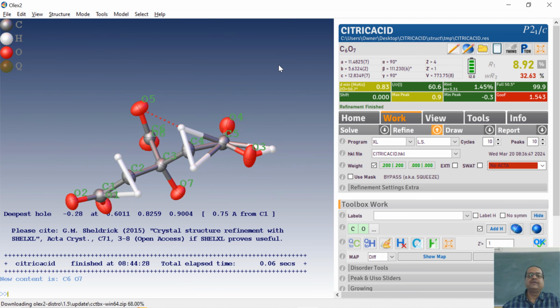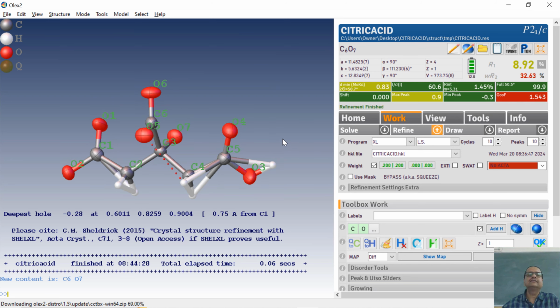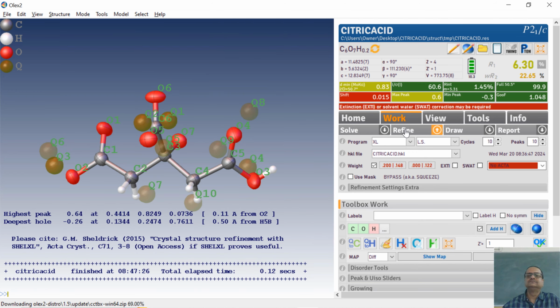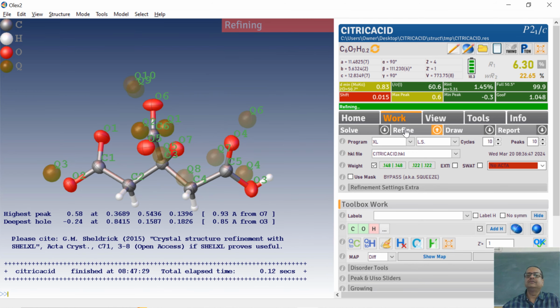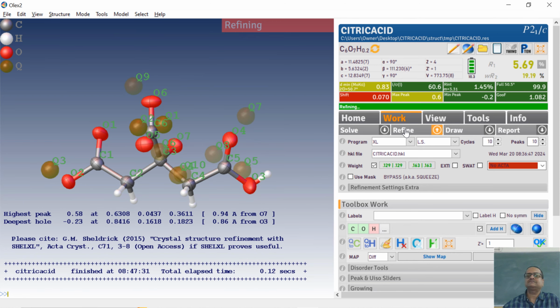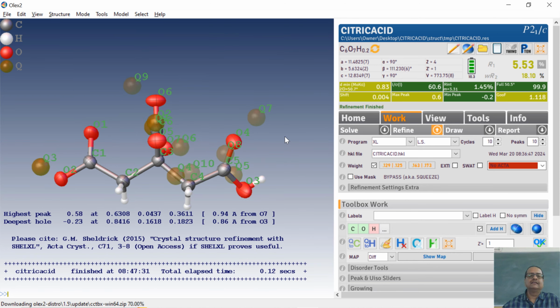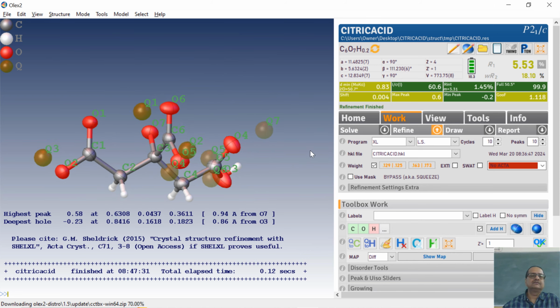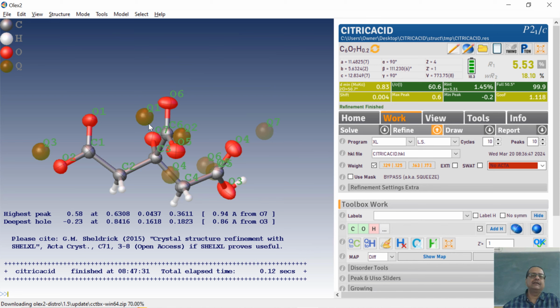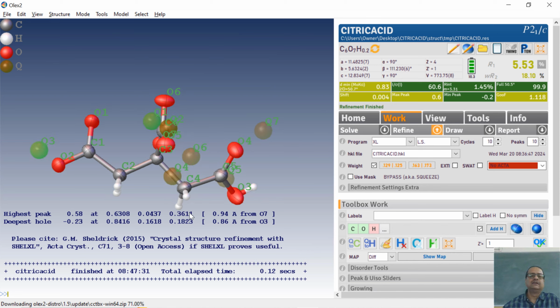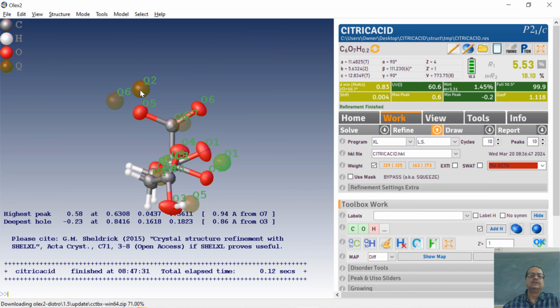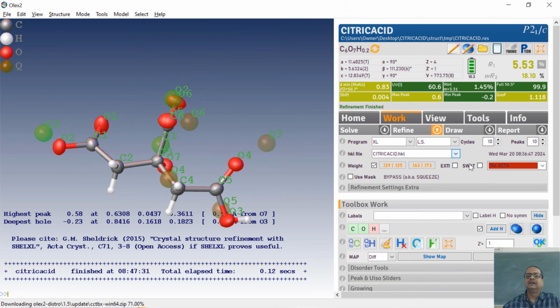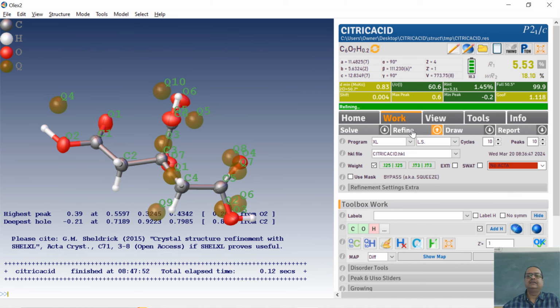I am becoming very ambitious, okay, and I am trying to refine it. You do a few rounds of refinement. Now you see that some more such peaks have appeared, right? We tell that also as hydrogens and refine.